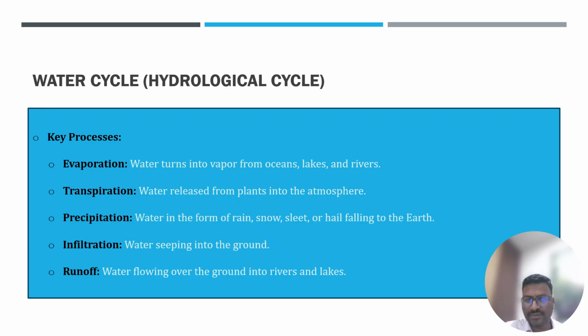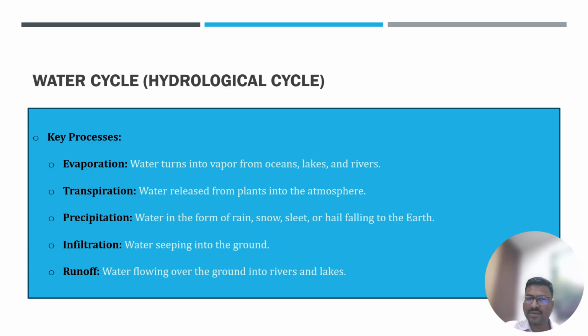Second process, transpiration. Water is released from plants into the atmosphere. Okay, so plant species are there, green species are there. So those things come under the part of the transpiration. We need to understand how this green cover will impact and how the water will be released from the plants. And then precipitation.